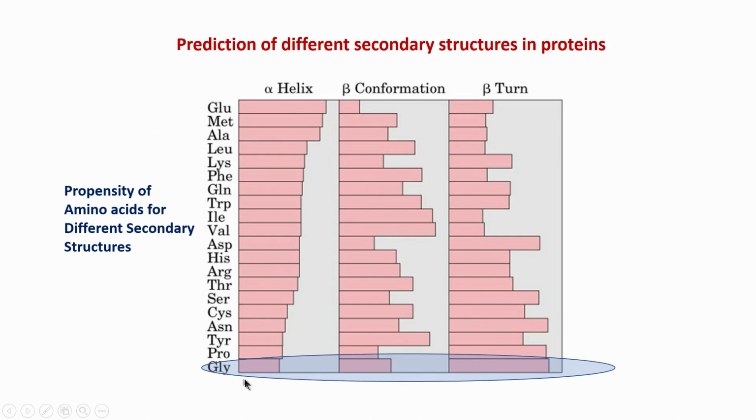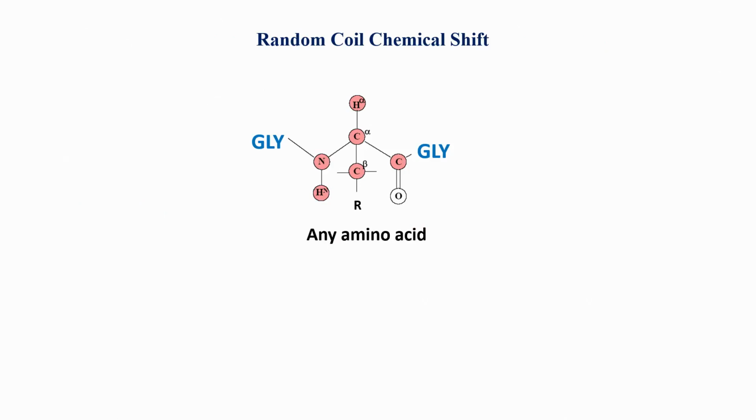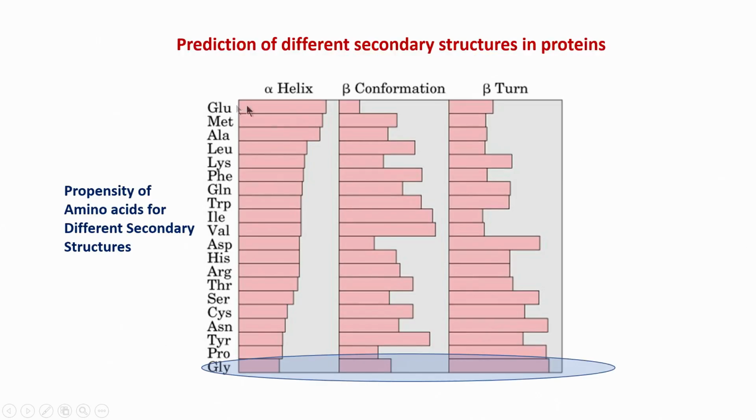We can exploit this property of glycine as we see how we calculate the random coil chemical shift values. For the NMR CSI method we are discussing now, we need what is known as the random coil chemical shift for each amino acid. So, we need random coil chemical shift values for the protons and carbons for each of these 20 amino acids.